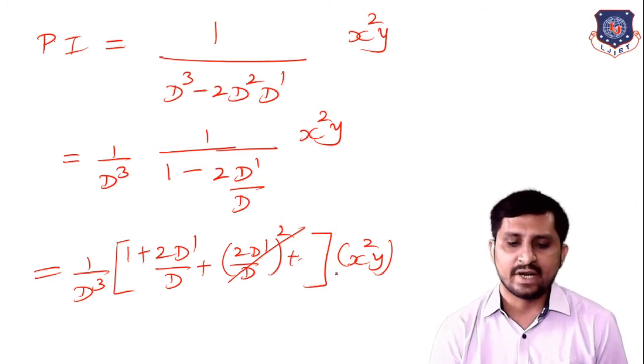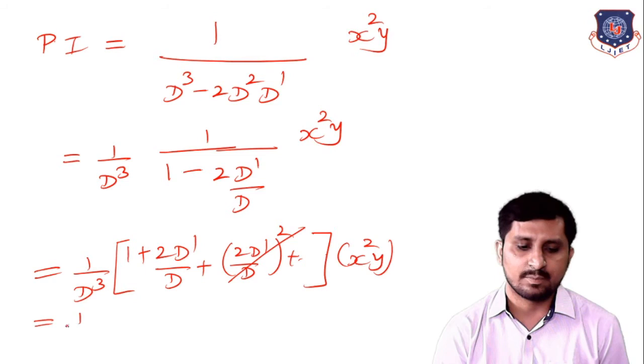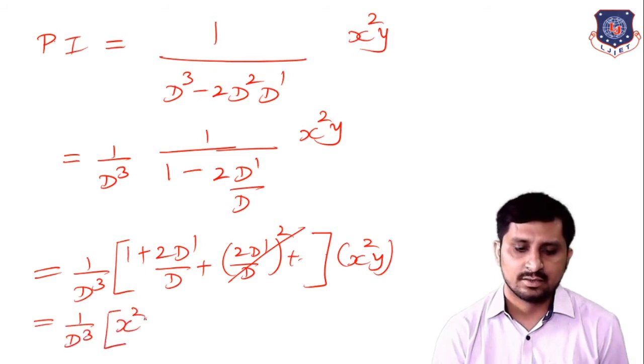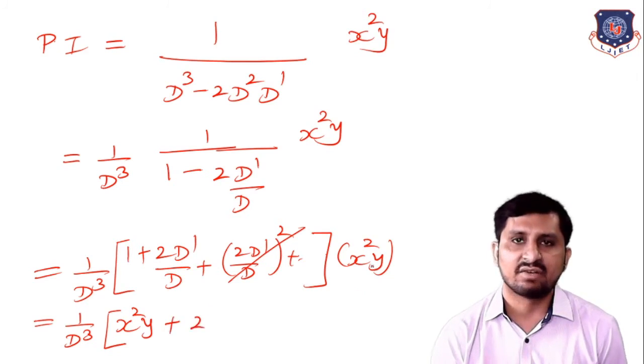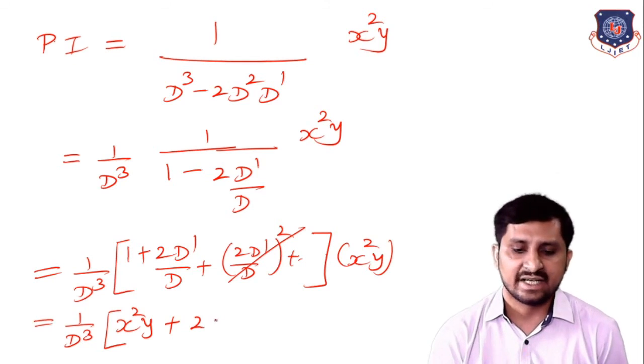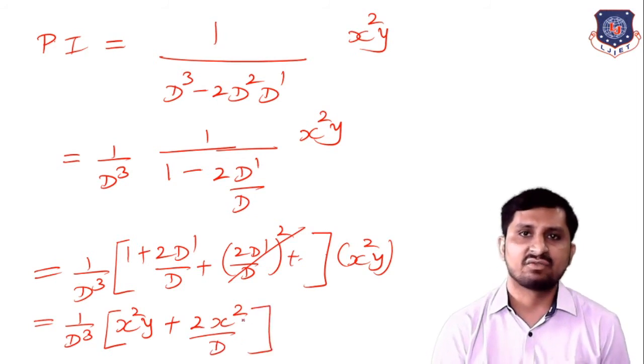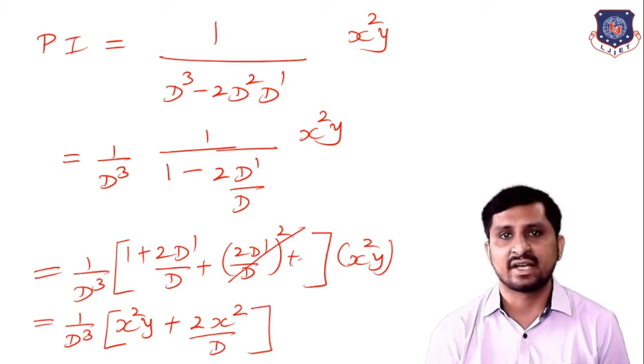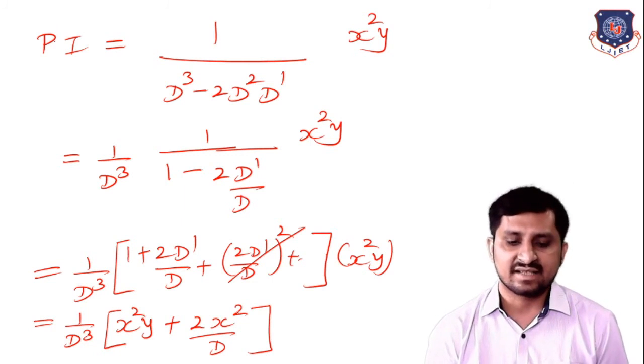So now 1 into x square y, so this can be written as 1 upon D cube, 1 into x square y, so x square y plus 2 D dash into x square y. That means differentiation of x square y with respect to y, so x square only, divided by D. Okay, now 1 upon D of x square means the integration of x square with respect to x, so that is x cube by 3.